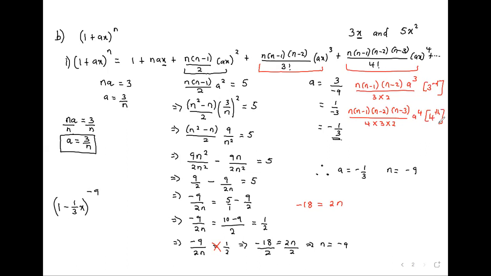And the question says find the coefficient of these terms, so we're just interested in the coefficients. That's why I'm not putting the x. So now, to answer part 2, we have that n is -9 and a is -1/3.